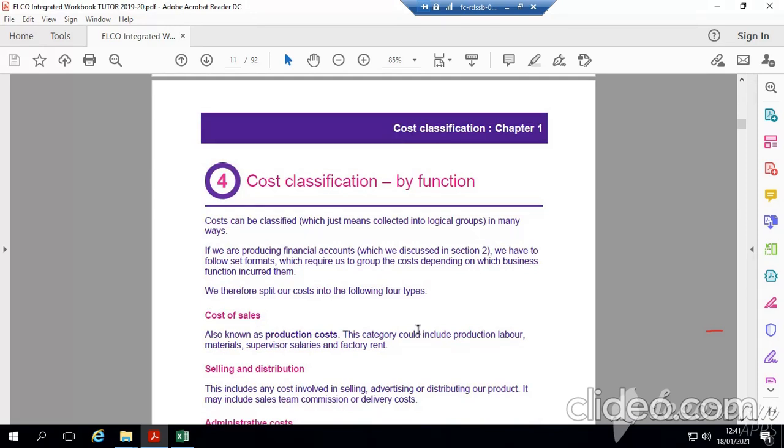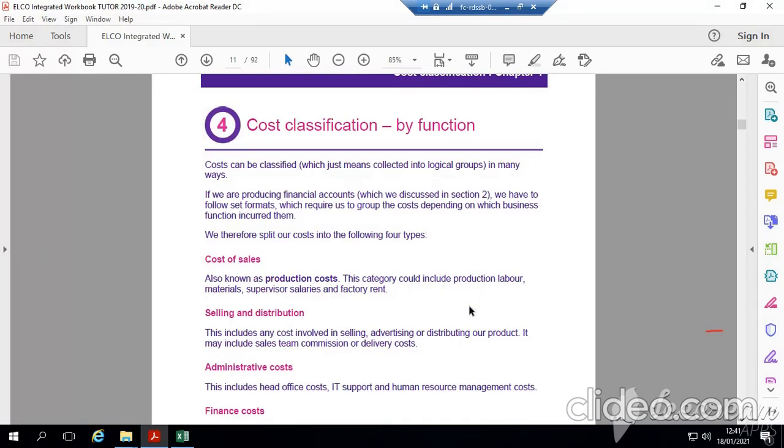Number 4 is mostly relating to cost classification. The cost can be classified, collecting into logical groups in different ways.